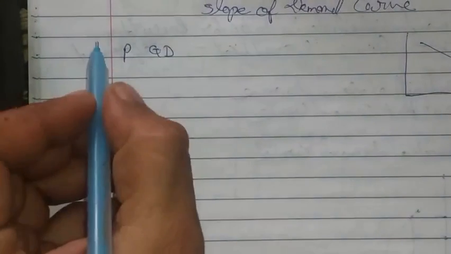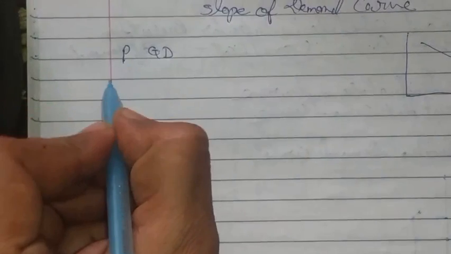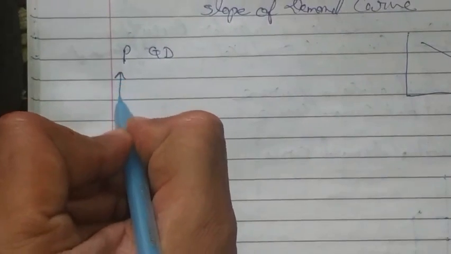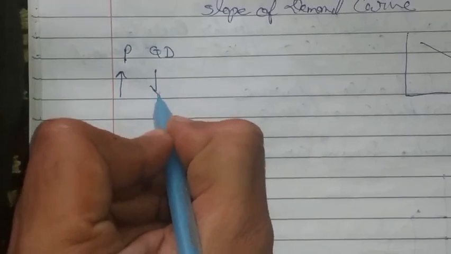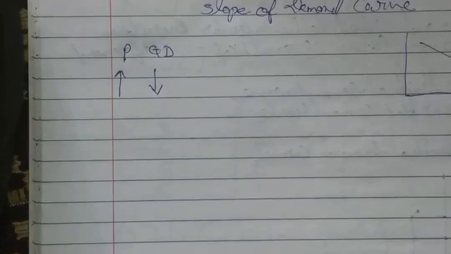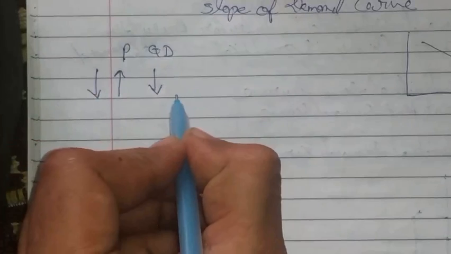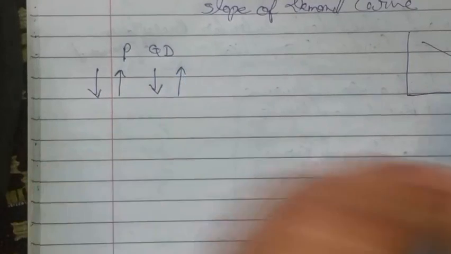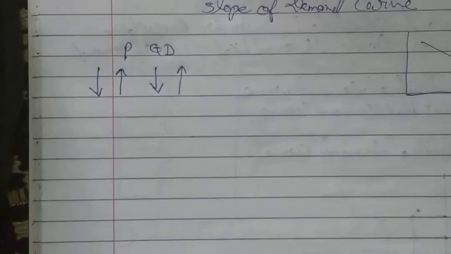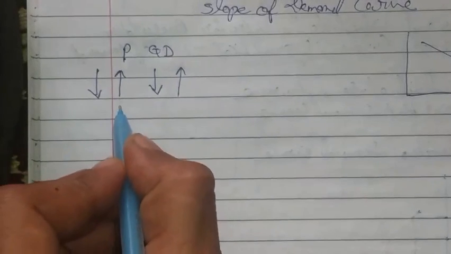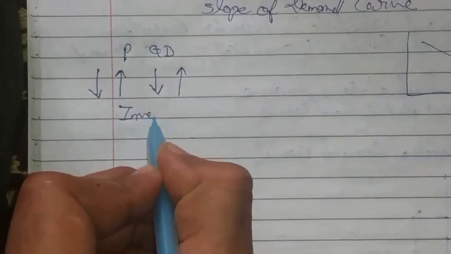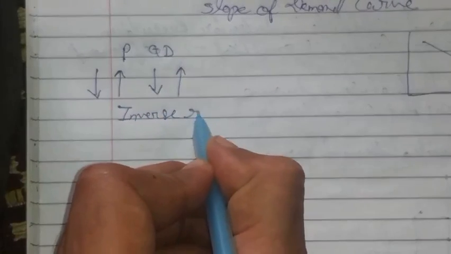What we see is that whenever price goes up, quantity demanded goes down. Whenever price goes down, the quantity demanded goes up. Both of these have an inverse relationship.